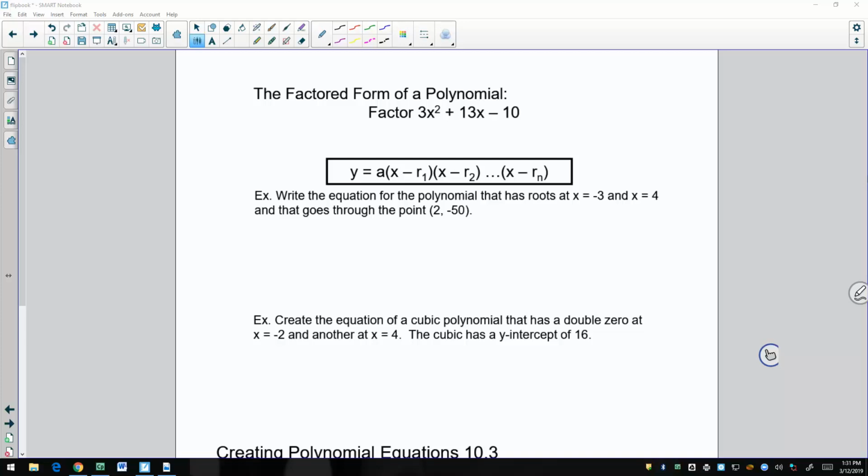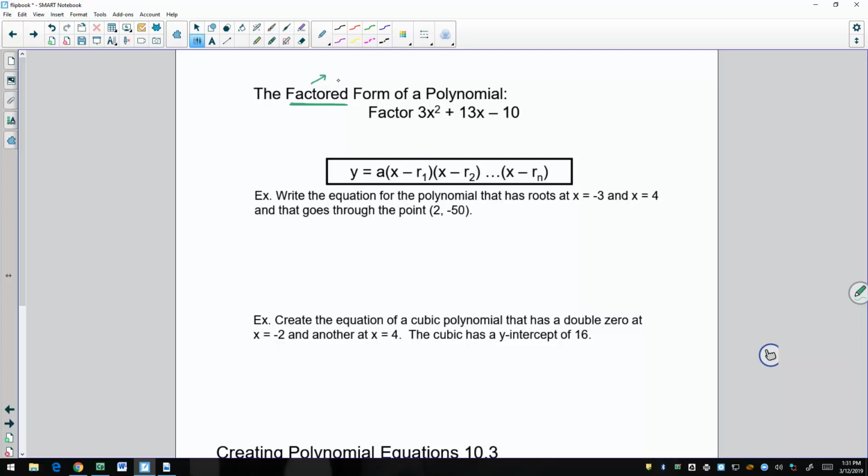So this video is on lessons 3 and 4, and lesson 3 talks all about the factored form of a polynomial. So factored form means just that. It should be factored, which means to factor, you are breaking up the polynomial into products of its factors, and each factor should not have a variable that has an exponent higher than 1.